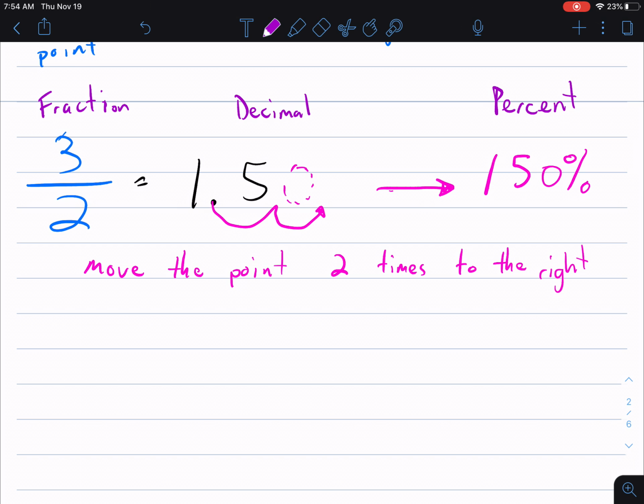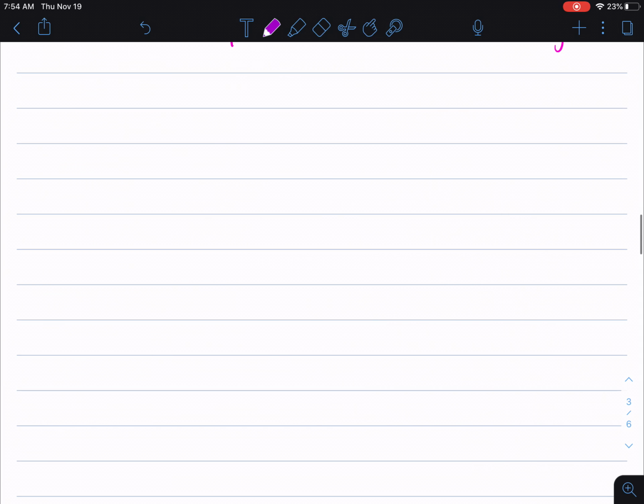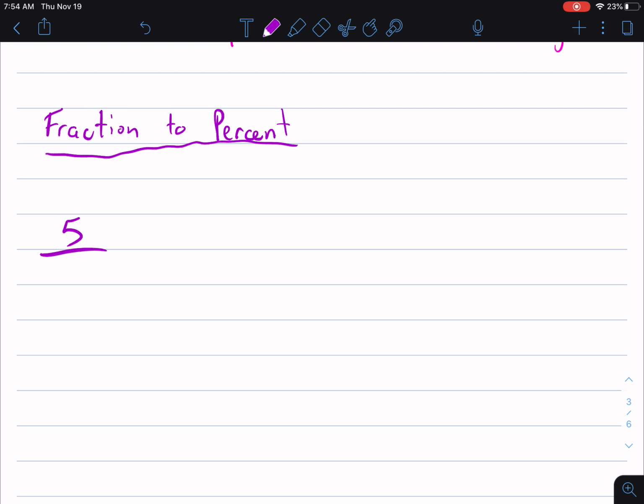Now, if you have a fraction to percent. If I have 5 over 100, let me do this first.